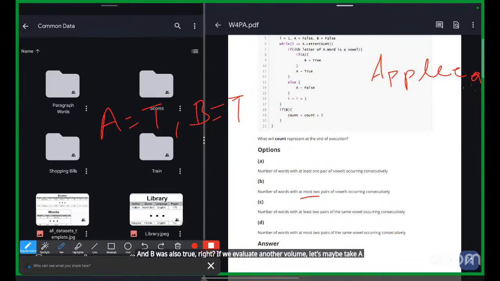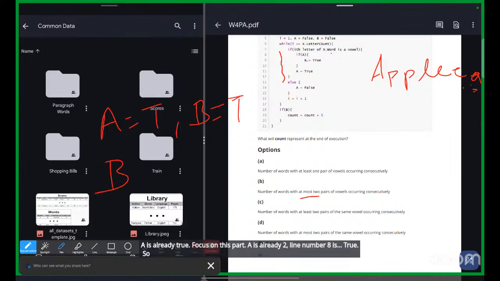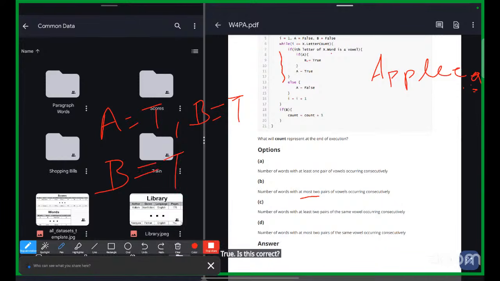So if we evaluate this last A, what will happen is A is already true. Focus on this part. A is already true. Line number 8 is true. So B will remain true. Is this correct? From line number 9, we will get B is equal to true.